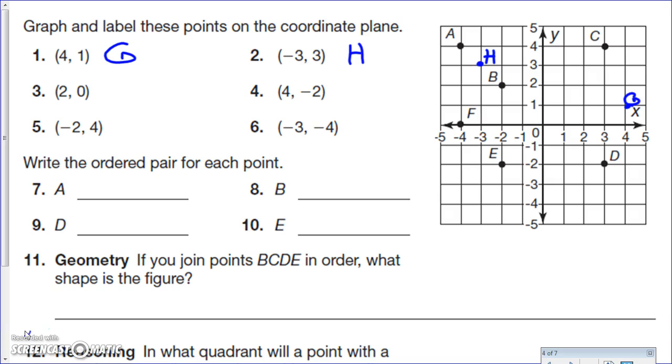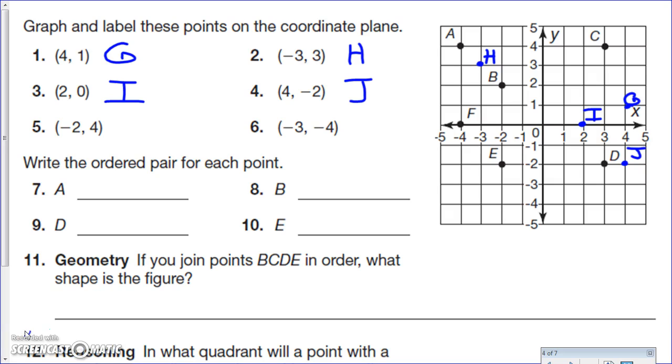Number 3 is (2, 0). So this one's going to be on the x-axis. It's not going to go up or down at all. So we're just going to go over to the 2 on the x-axis, and we're going to label that point I. For number 4, the point is at (4, -2). So we're going to go over 4 and then down 2, and we're going to label that point J. For 5, we're going to go to (-2, 4).